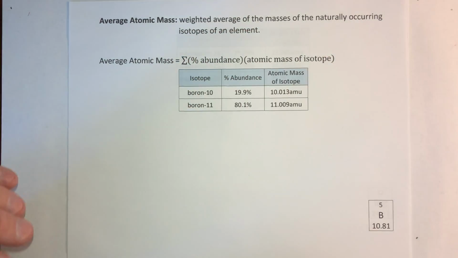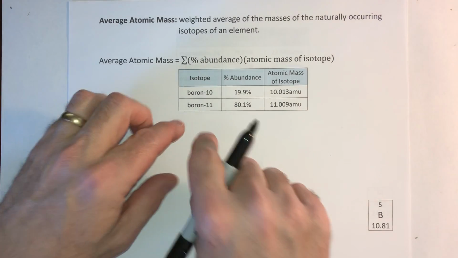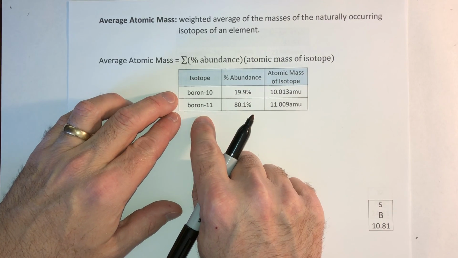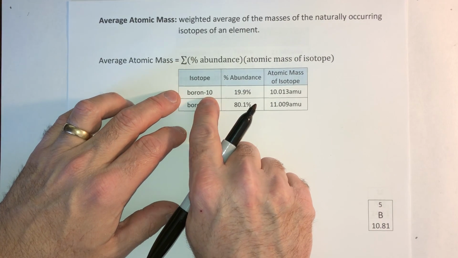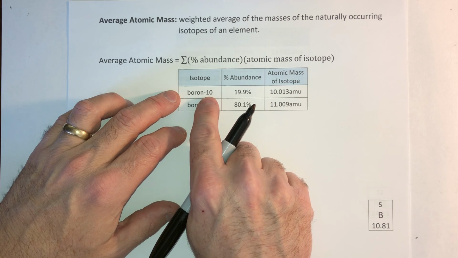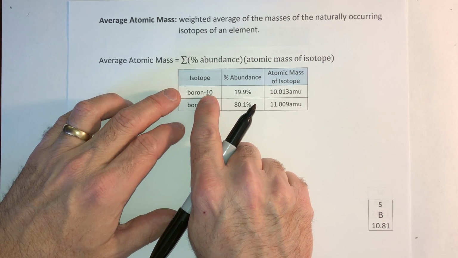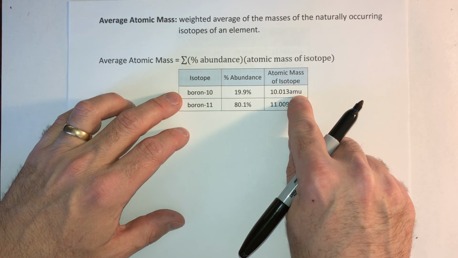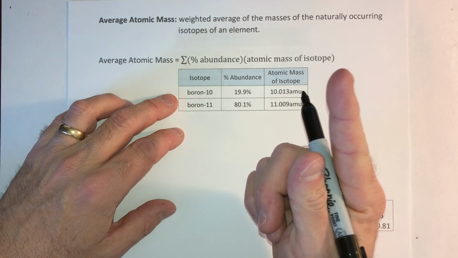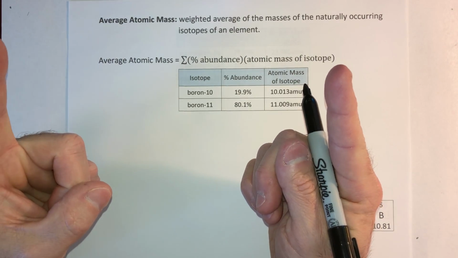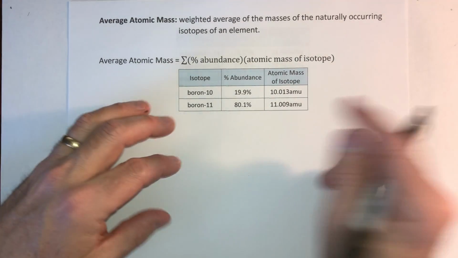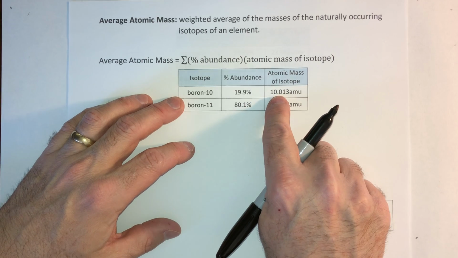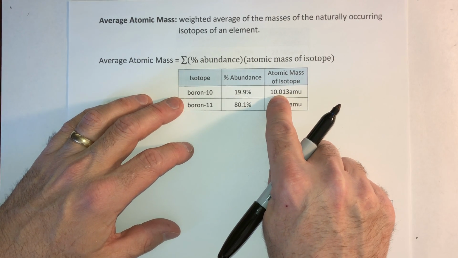And for example, let's talk boron. If you have a boron-10, it means you've got 10 protons and neutrons. A boron-10 weighs about 10 atomic mass units, right? Because a proton weighs about 1, a neutron weighs about 1, throw in a couple of electrons, and so a boron-10 weighs about 10 atomic mass units.